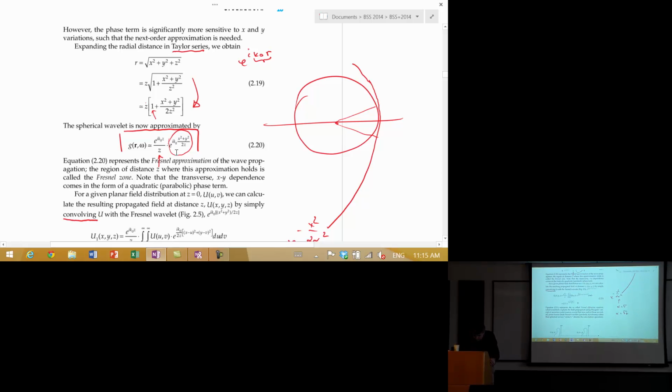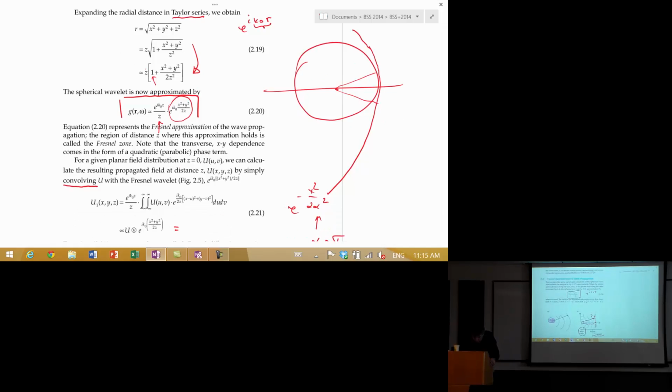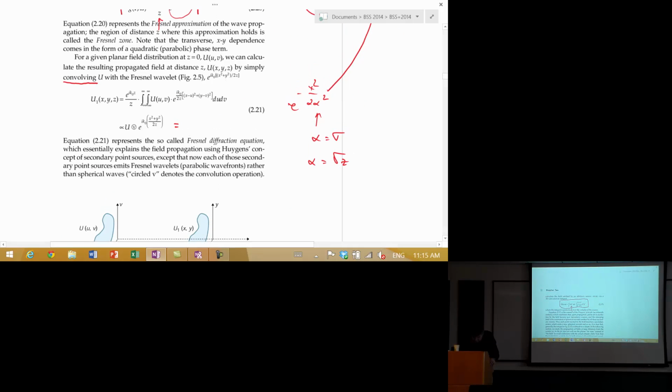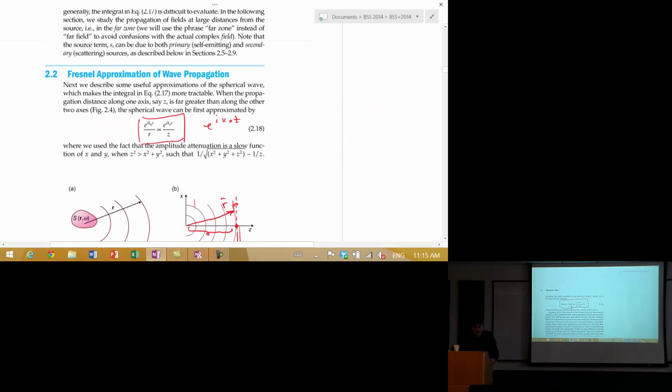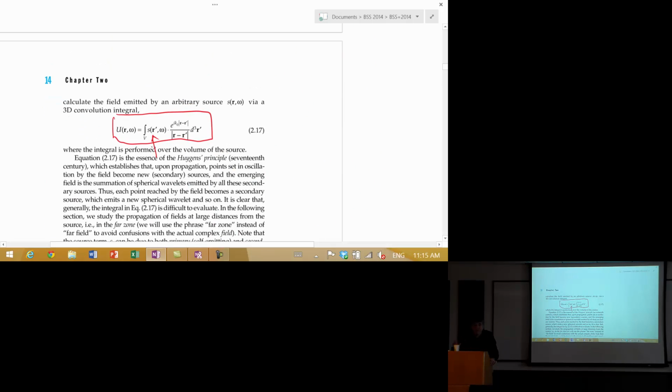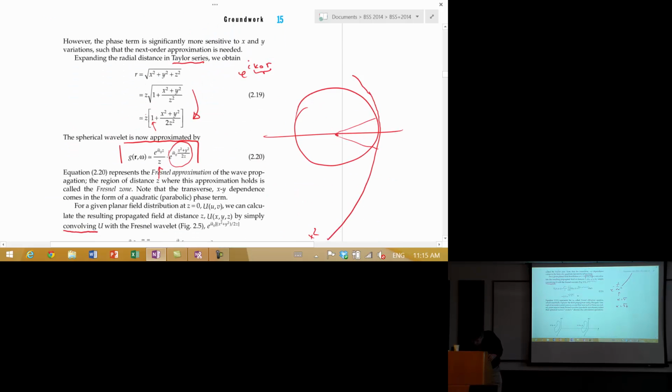Good. So now we go back to doing this integral. This kind of integral. So now my input is arbitrary. What is the field from that arbitrary source? In particular, a very common problem is, imagine I have a planar source.